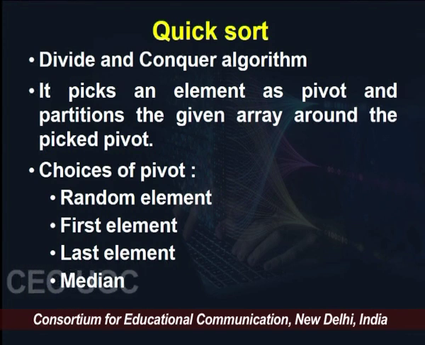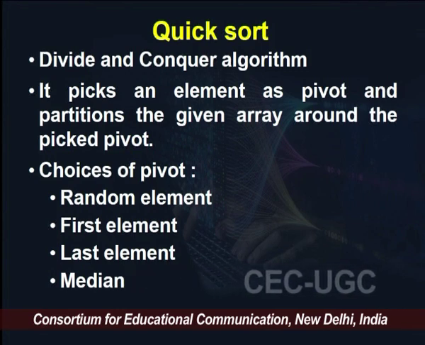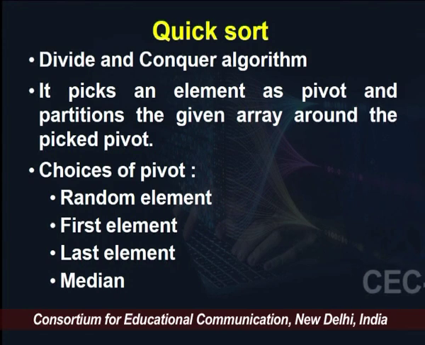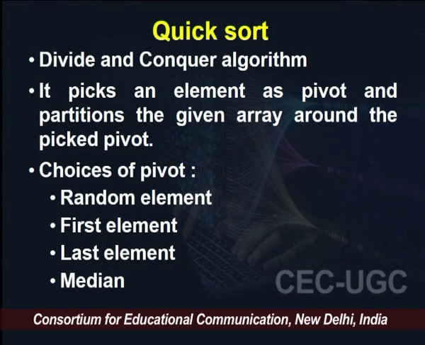Now this choice of pivot is very important in quicksort, and it is the factor that creates the line of difference between quicksort and randomized quicksort, because the way in which quicksort picks the pivot and the way in which randomized quicksort picks the pivot are two different techniques.